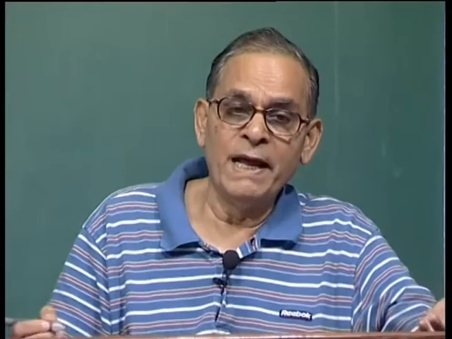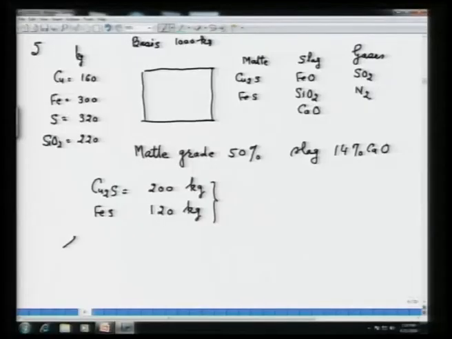We are given 14% CaO, so the balance is FeO and SiO2. That means the slag will have 86% FeO plus SiO2.